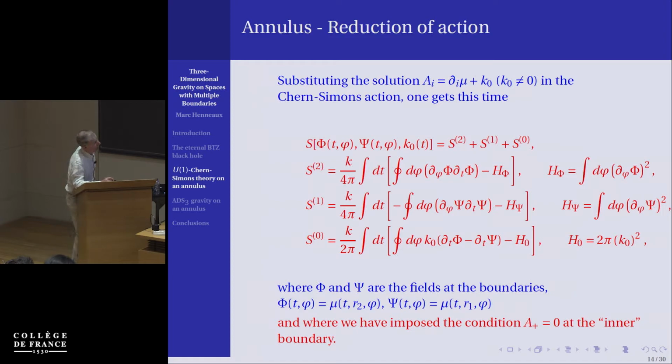The reason why I get a minus sign here is, first of all, it's the other boundary, and then also I have imposed that condition at the inner boundary to get a positive definite Hamiltonian there. But there are many other boundary conditions we could envision. But then we also have a Hamiltonian for the holonomy with these choices.